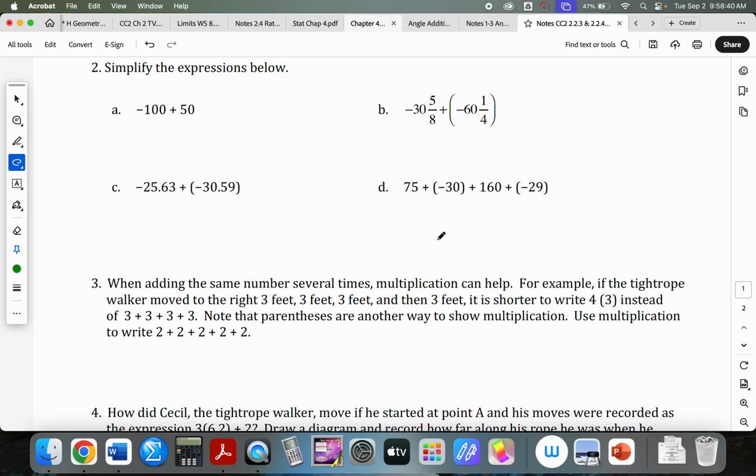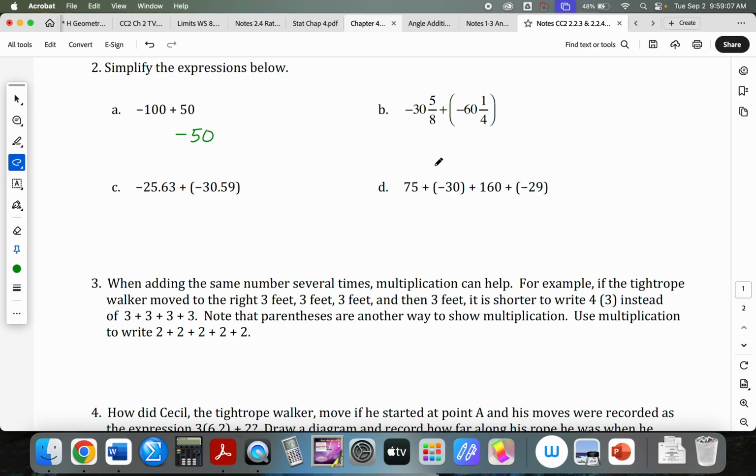Oh, that's Nyla's desk. So we'll skip that and go to 5. Garrett, what'd you get for A here? Negative 50. We're going to just go through these, and if they're correct, we'll move on unless someone has a question or disagrees. So anyone disagree with this?